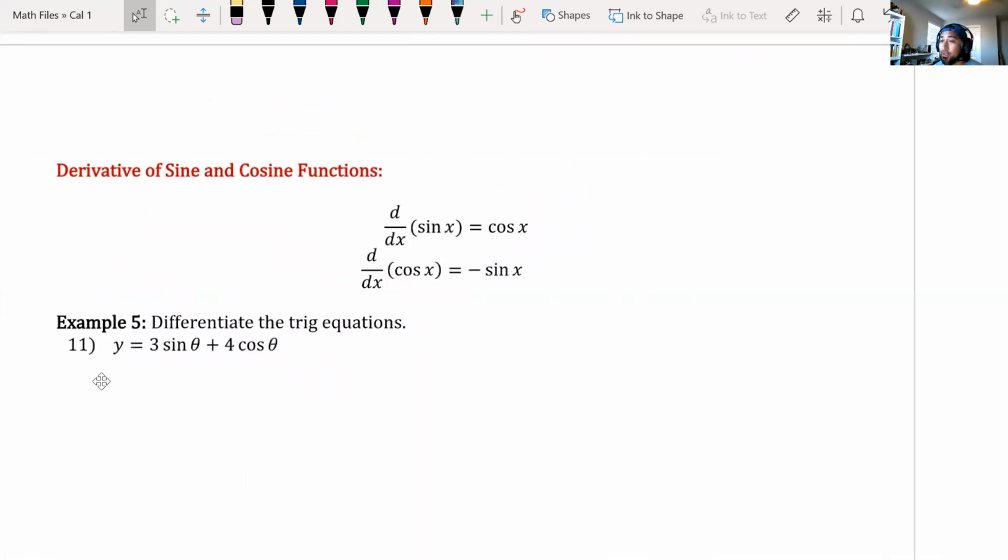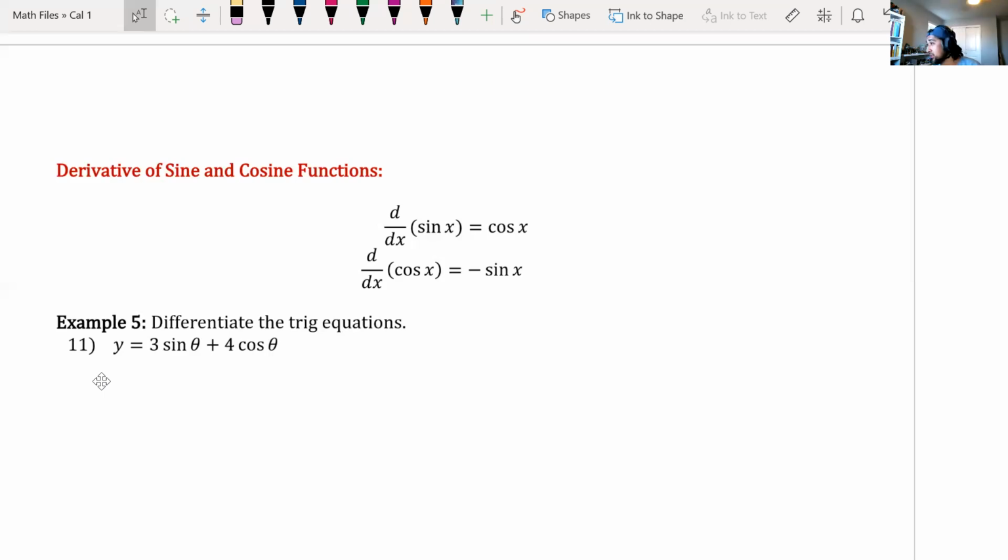Okay. So now we come across the derivatives of trig functions. Here we have the derivative of sine, which is cosine, and the derivative of cosine, which is negative sine.